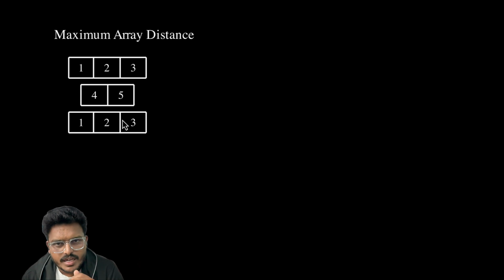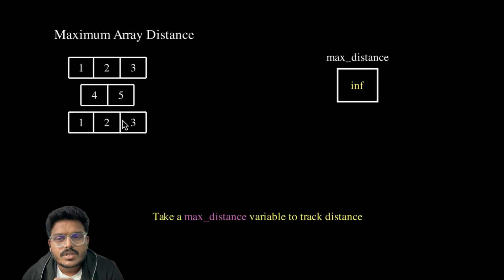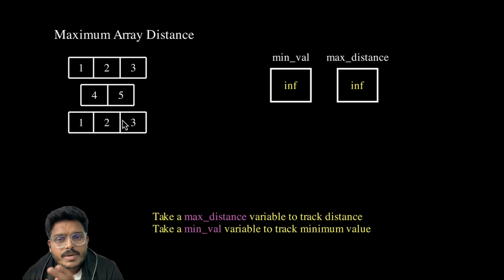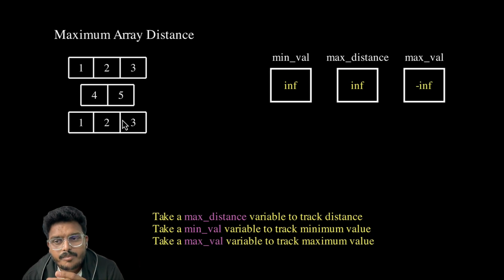Let's see that in action. The maximum distance is to track the maximum distance that we obtained till now. The minimum value is to track the minimum value until the current traversing array. We'll start with the first one. The maximum value is to track the maximum value till now.